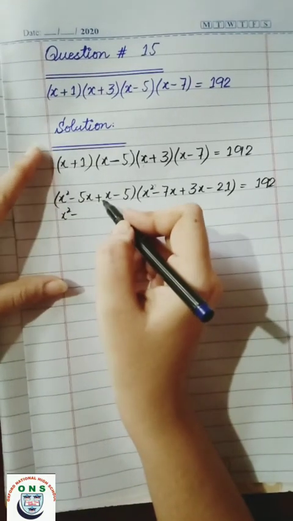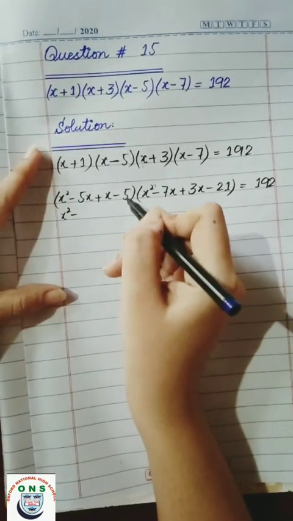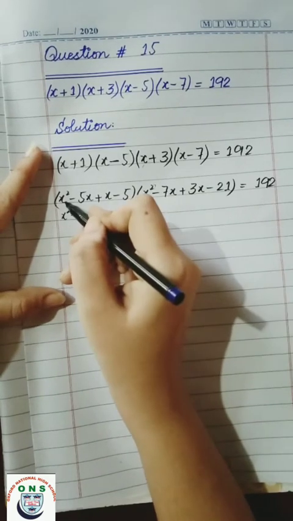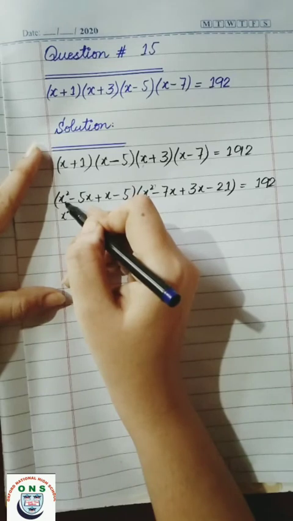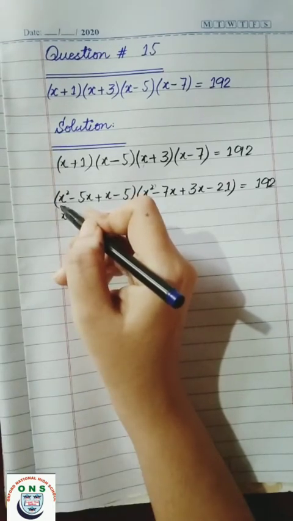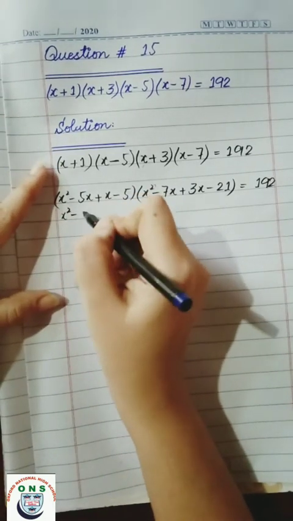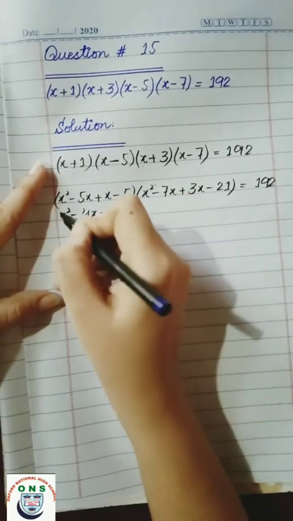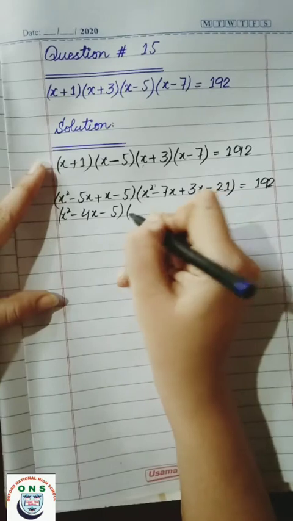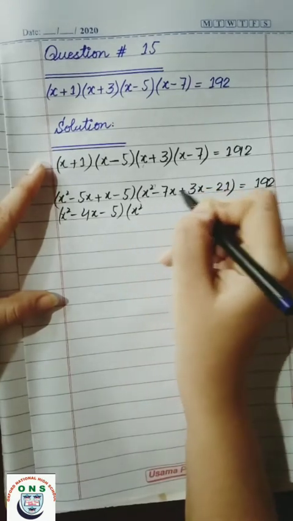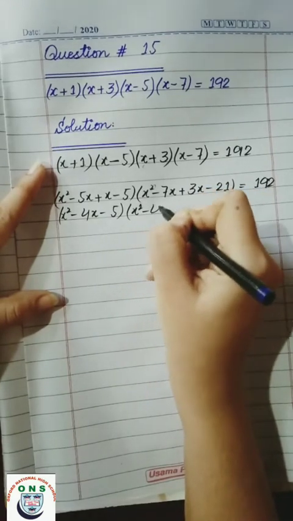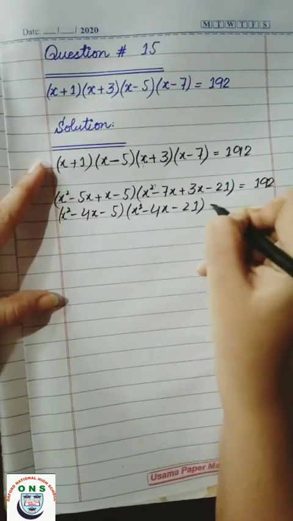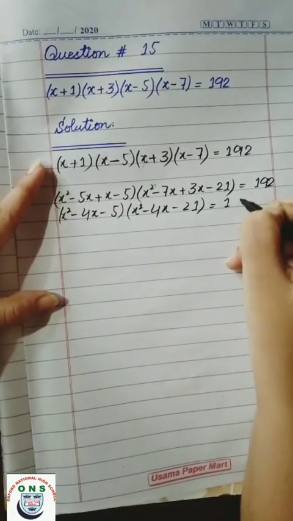Otherwise 5 can't be added or subtracted because it is a constant, and x square can't be combined because it has power 2. So 4x minus 5. Here it will be x square minus 4x minus 21 is equal to 192.